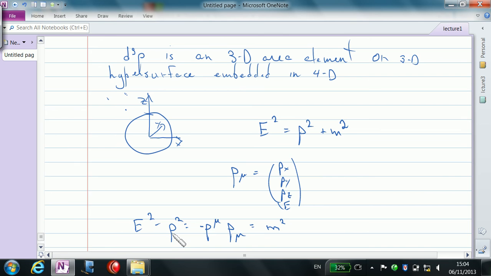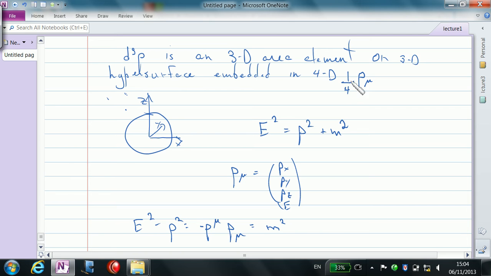So this is kind of like the dot product of a vector with itself, and it's equal to a constant. It's like a vector that has constant length, so we have a four-dimensional sphere. This is the three-dimensional area element that is perpendicular to the vector P mu.